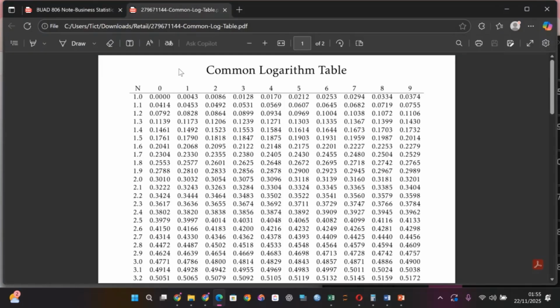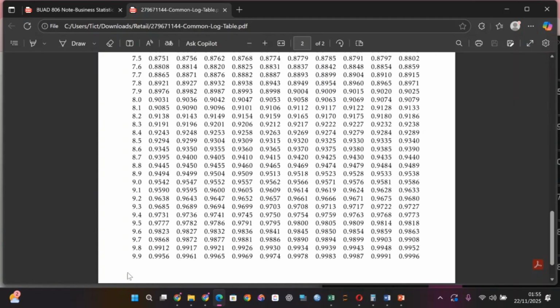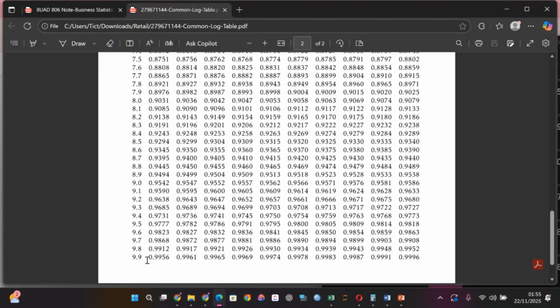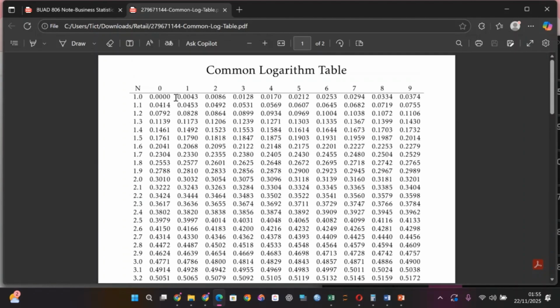If you look at this logarithm table, it starts from 1.0, right? It actually stops at 9.9. That's how the logarithm table is. So you are looking at log 6.